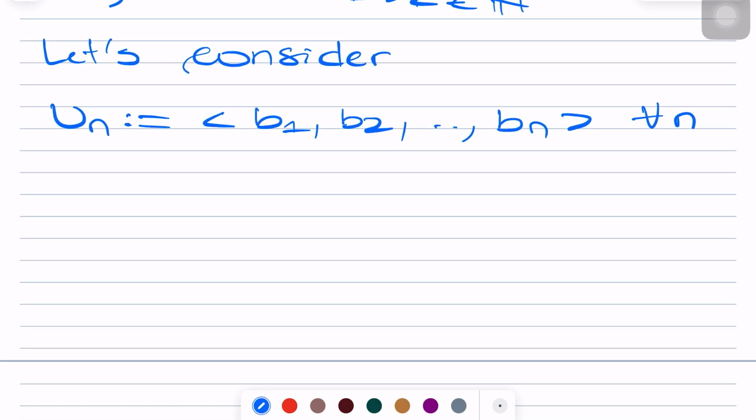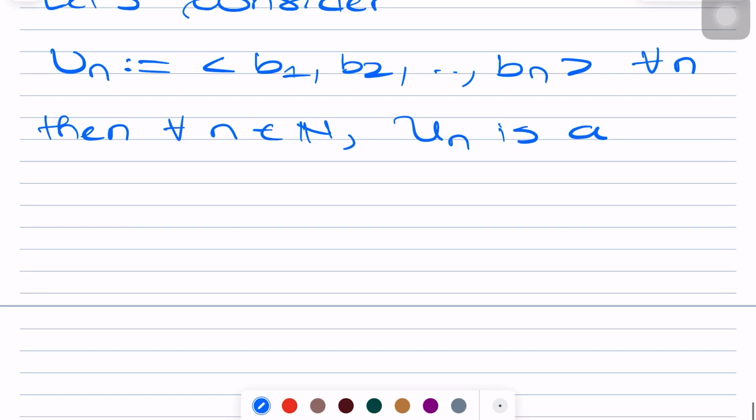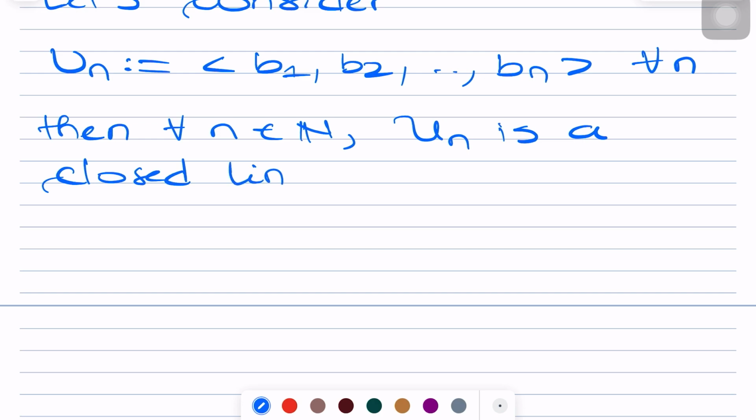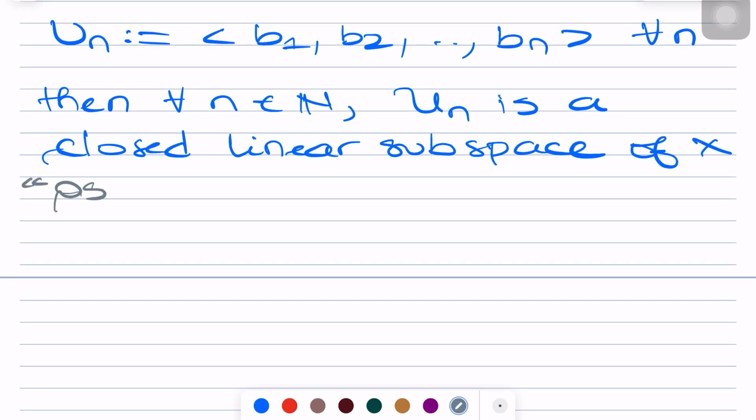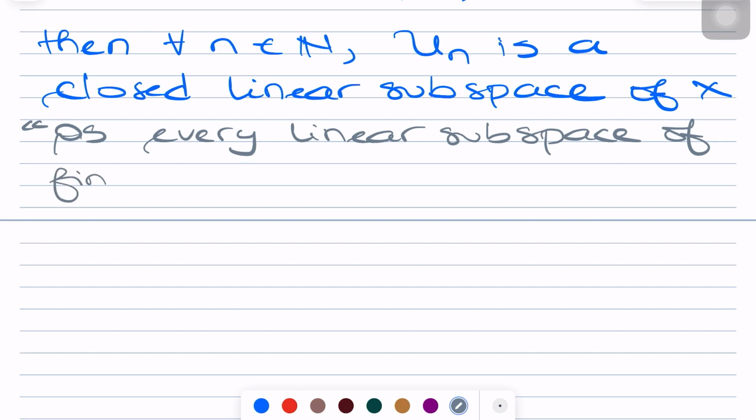Then for every n, U_n is a closed linear subspace of X. Every linear subspace of finite dimension is closed, which you can prove.